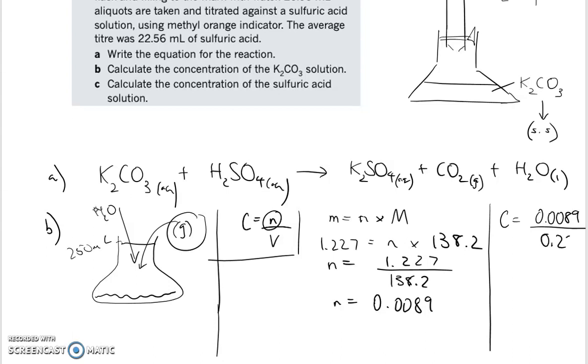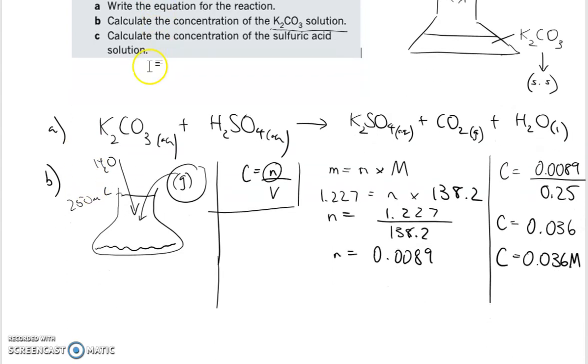So that's 0.25 litres. So the concentration there is 0.036 moles per litre. Okay, so that's the concentration of my potassium carbonate solution.